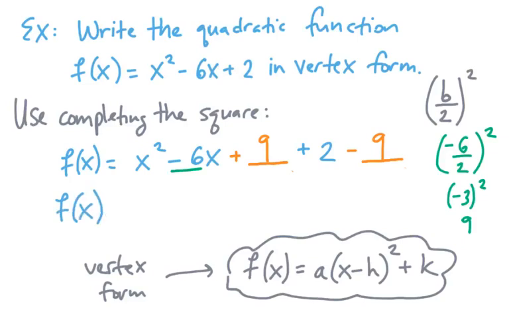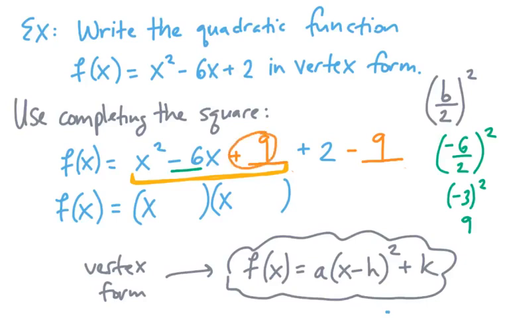Our next step is by adding 9, we may or may not have realized that we just made it so that this trinomial here factors. So factoring is something you've learned in previous algebra classes, but basically to get an x squared, I know I times x by x. And then I need two numbers that multiply to +9 while adding to -6.